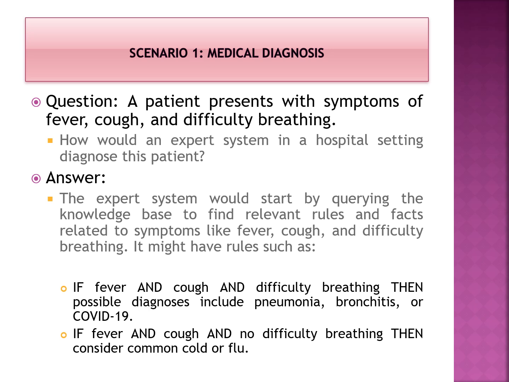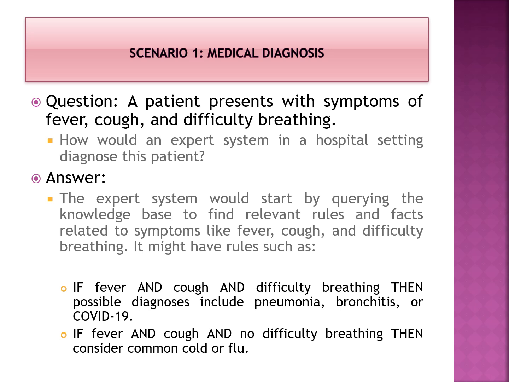The first step is this expert system will pass a query to the knowledge base database, and it will fetch necessary relevant rules and facts related to the symptoms that the patient said. So it will analyze fever, cough, and difficulty in breathing, and the rules may be in if-then form.